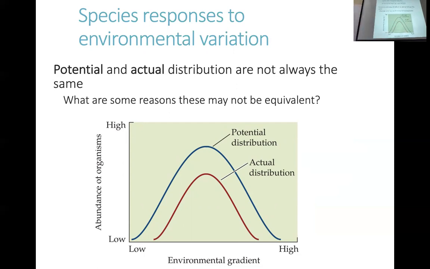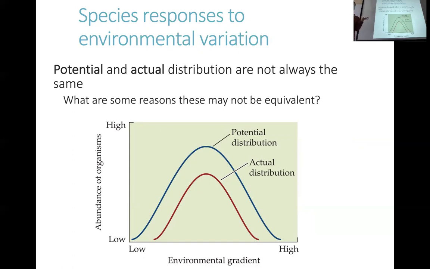So what are some reasons that these don't match up perfectly? Why can't they live absolutely everywhere based on environmental conditions, based on one environmental gradient, I should say? What keeps species from living somewhere where, say, the temperature would allow them to live?